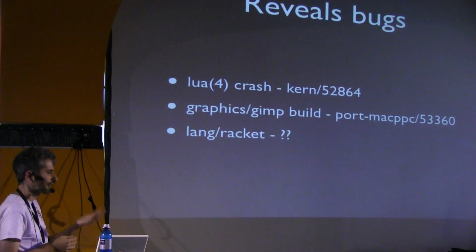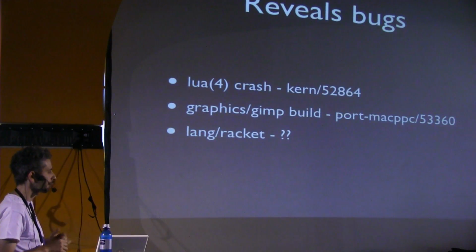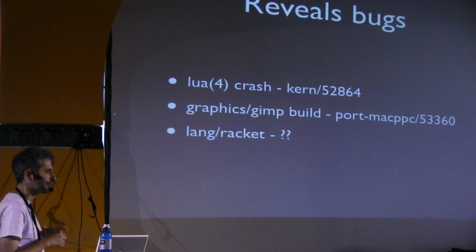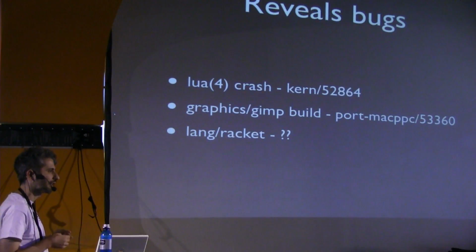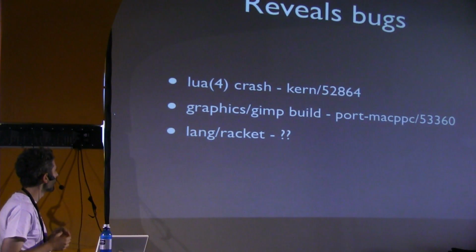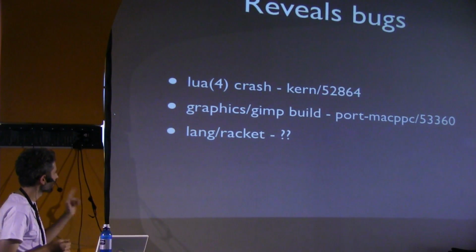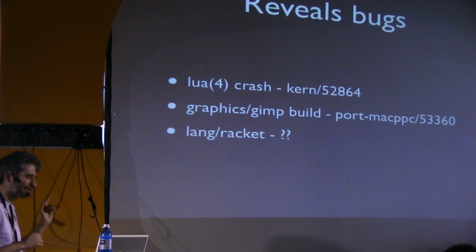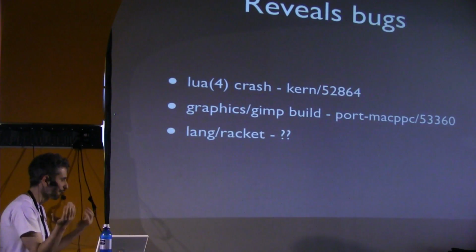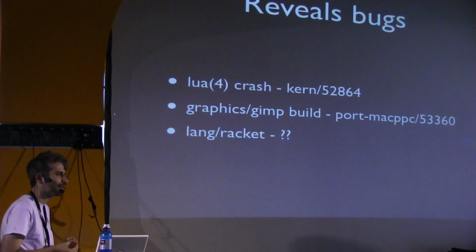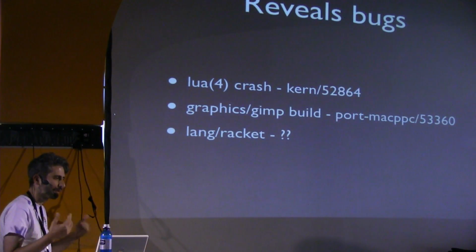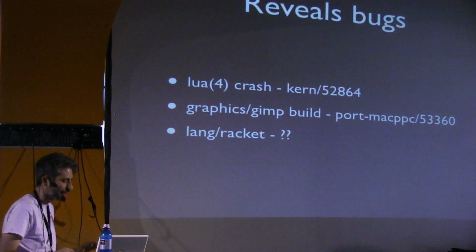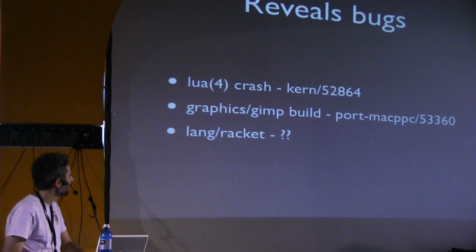For GIMP, thanks to Yui again, it revealed that there were issues in the way that we handled the AltiVec instructions, and I'd like to get a modern Scheme going on there, but I haven't resolved this Racket one where I have some component which I'm calling into which doesn't build with symbols, so I can't track where I'm getting lost.